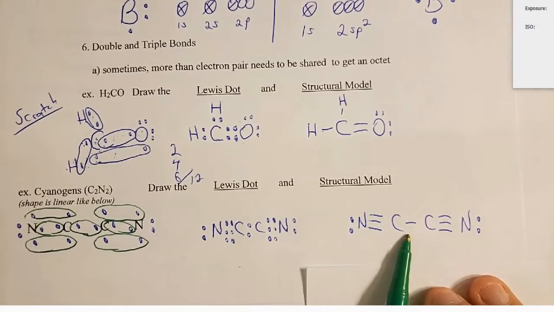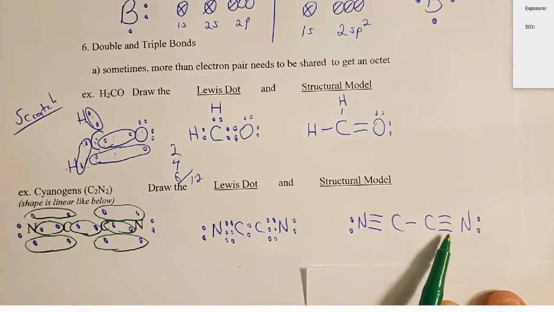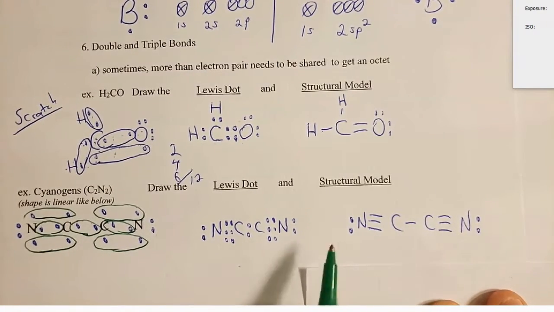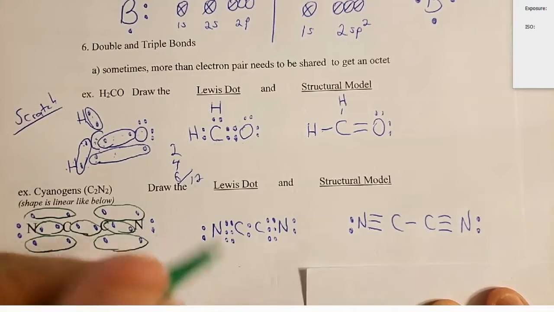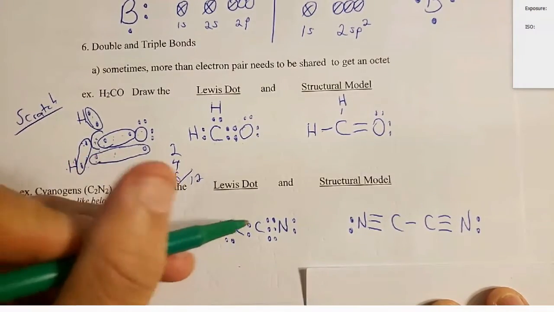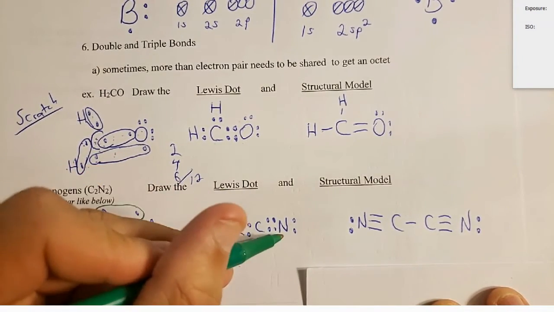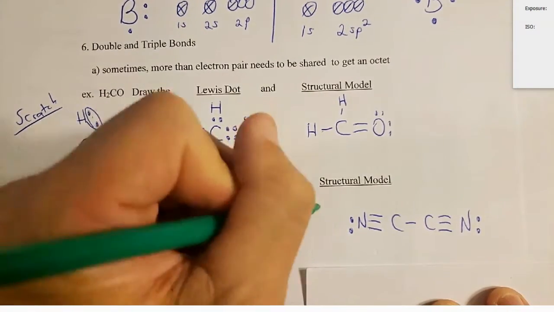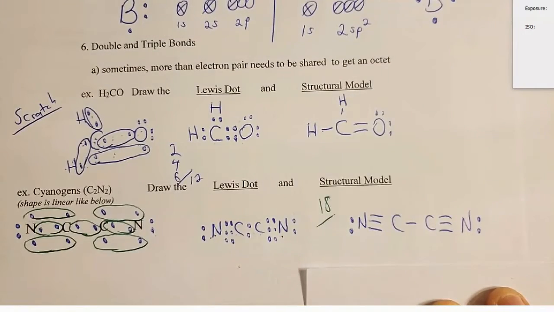There's my single bond between the 2 carbons, and I have the same thing on the other side. If we do an electron count, each nitrogen brings in 5, which is 10, plus 4 from each carbon. We should have a grand total of 18 electrons on our structure. And if we count them, 2, 4, 6, 8, 10, 12, 14, 16, 18, which tells us our structure is good.